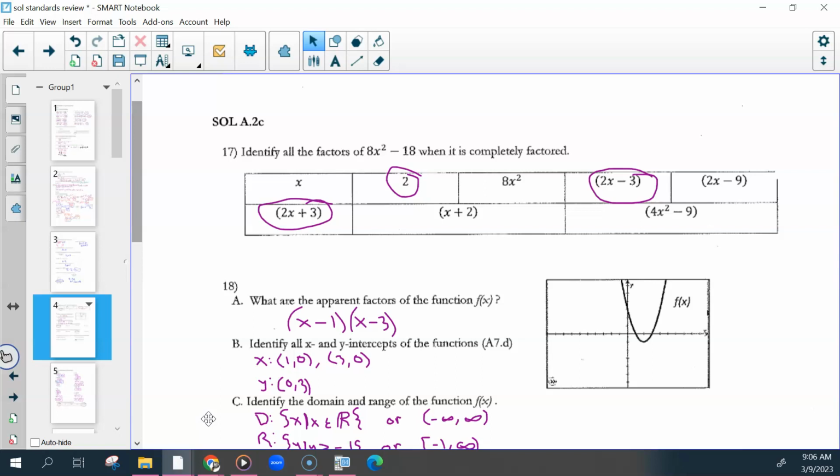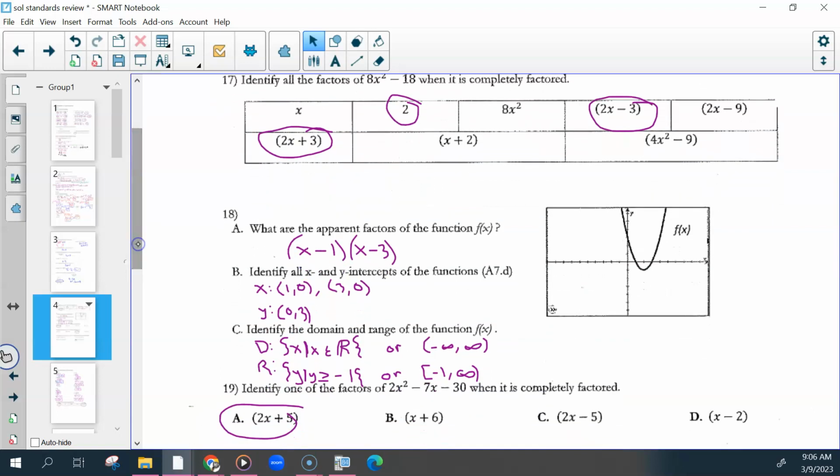If that doesn't make sense right now, that's okay. You can go ahead and write down 18a through c. The factors are x minus 1 in parentheses and x minus 3 in parentheses. The x and y intercepts you could find, because we've talked about that before. Figure out where it crosses the x-axis and the y-axis. Domain and range we could also talk about.